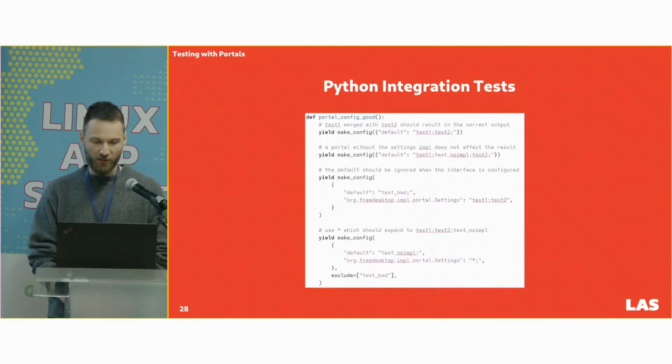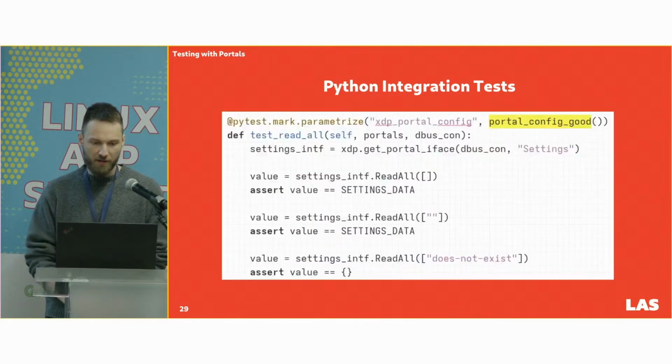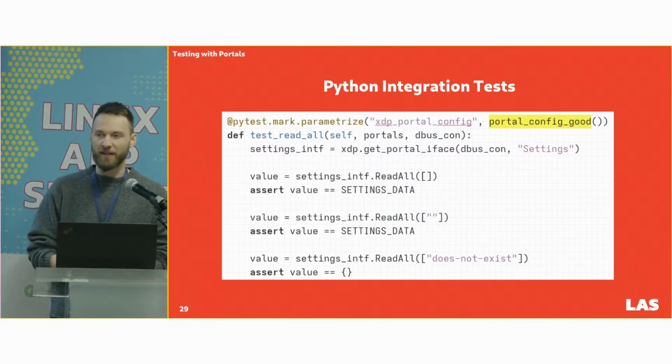What we also can do is create configurations. This is, for example, from the settings portal, where we have a Python generator which yields different configurations, and all of them are supposed to work. In the test, we just parameterize one of the fixtures with this generator, and the test is then run multiple times.